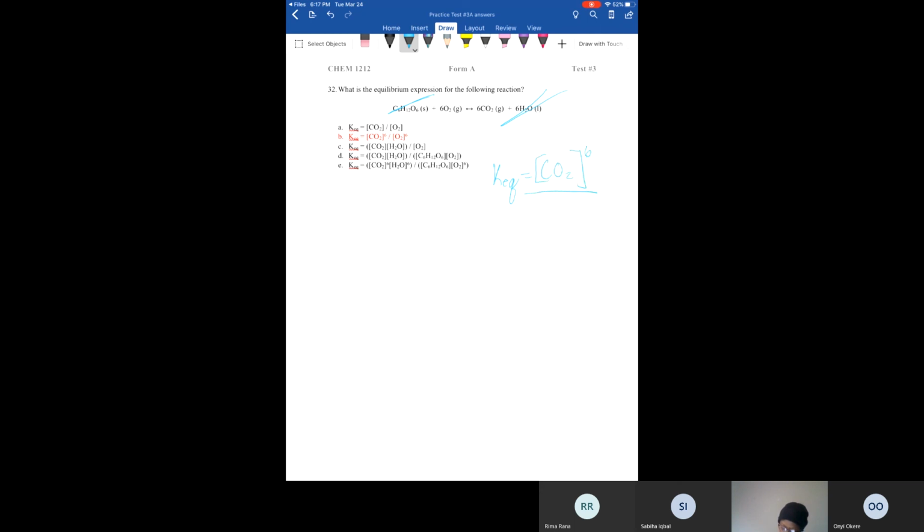And remember, these are all wrong. The reason why A is wrong is because it doesn't take into consideration that you have these sixes here that you need to put as your power. I feel like there's a better word for power that I've forgotten recently.